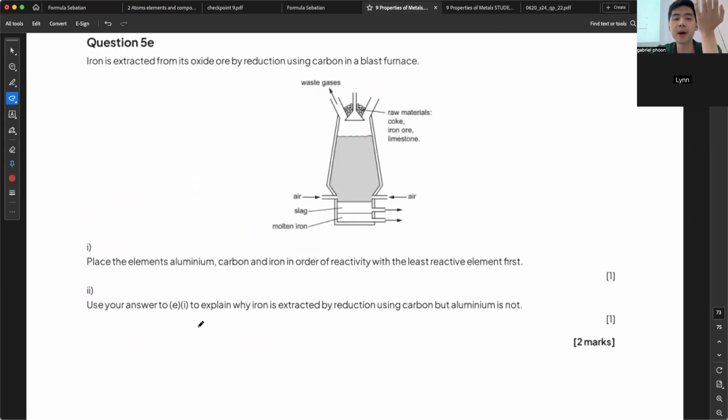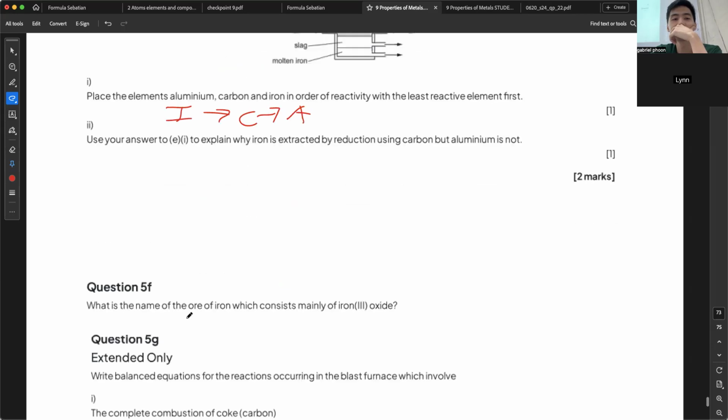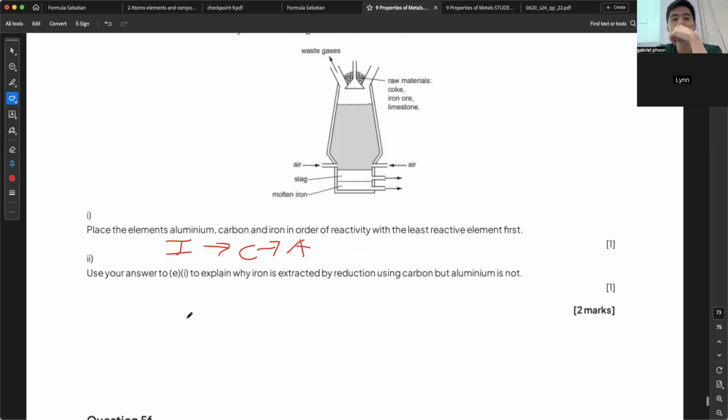Okay, then the next part: place the elements in order of increasing reactivity. Which one first? Iron, then carbon, then aluminium. I think I mentioned this in class before: how come we can use the carbon reduction process for iron, but we cannot use it for aluminium?